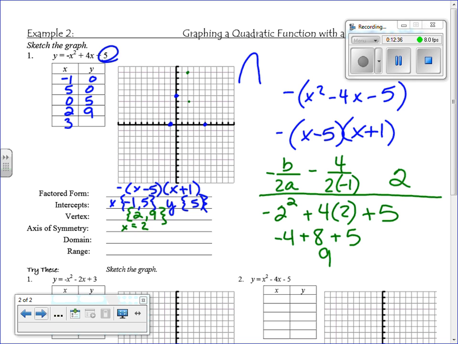So if I substitute 3, and I ran out of room over there, you probably didn't, I'm going to write it here. It's going to be negative 9 plus 12 plus 5. So it's going to be 3 plus 5 is 8.